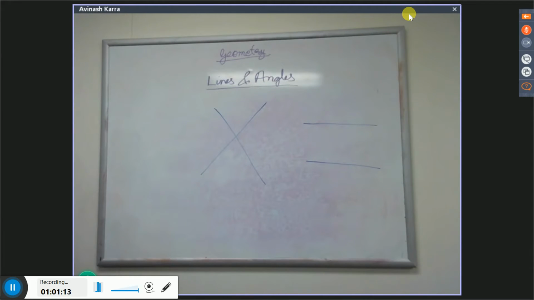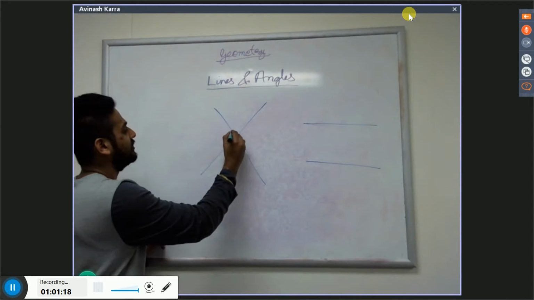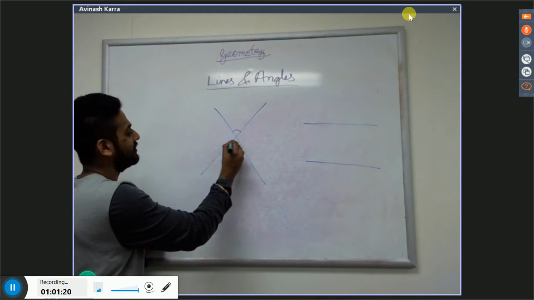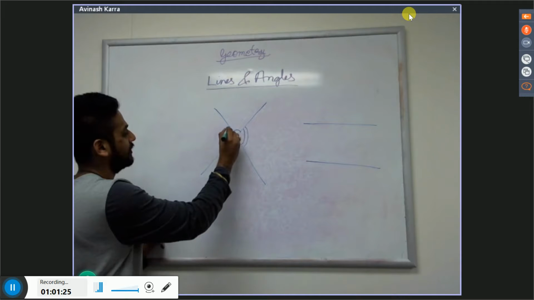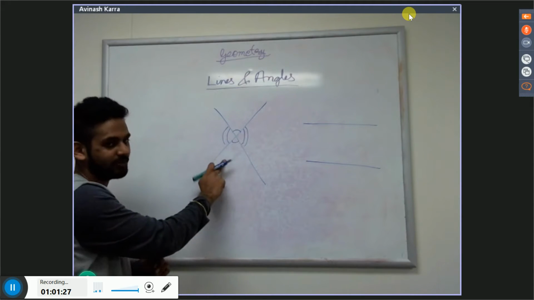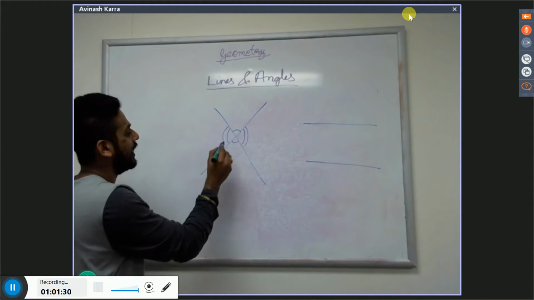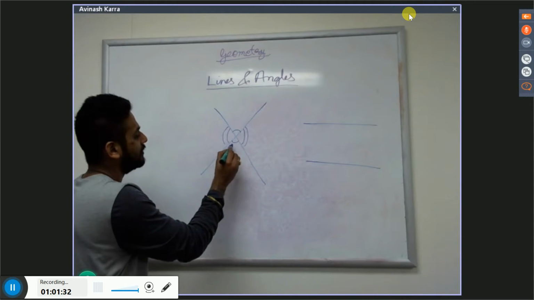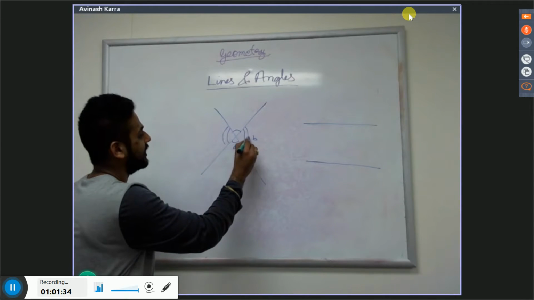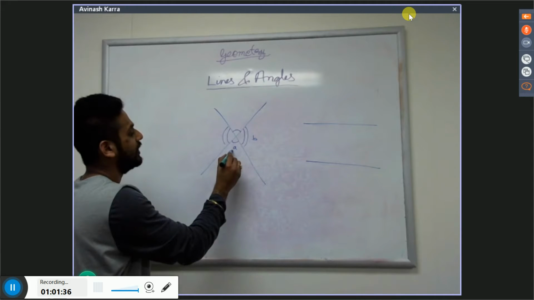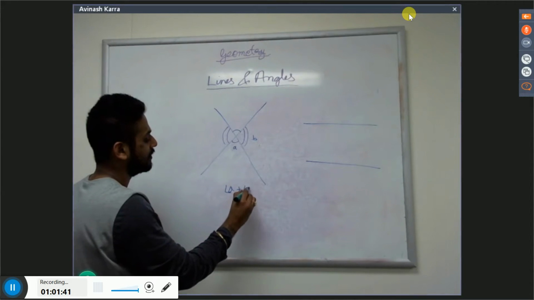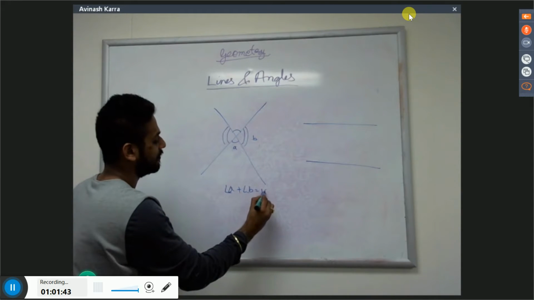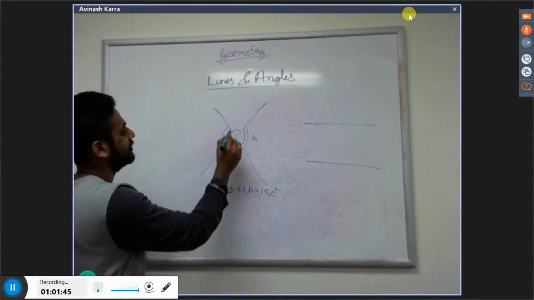See, what are the rules in non-parallel lines? When the non-parallel lines intersect, opposite angles at the point of intersection will be equal, right? That is the first point you need to remember. Let me consider this as A, this as B. So A plus B is equal to 180 degrees.